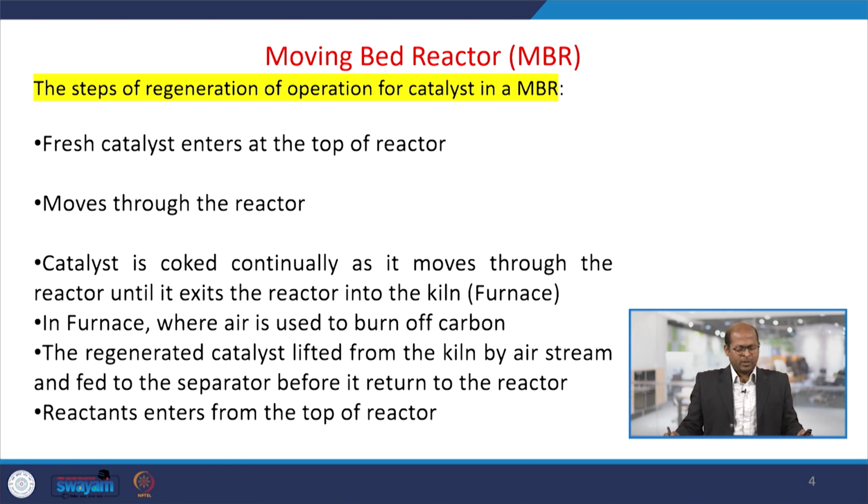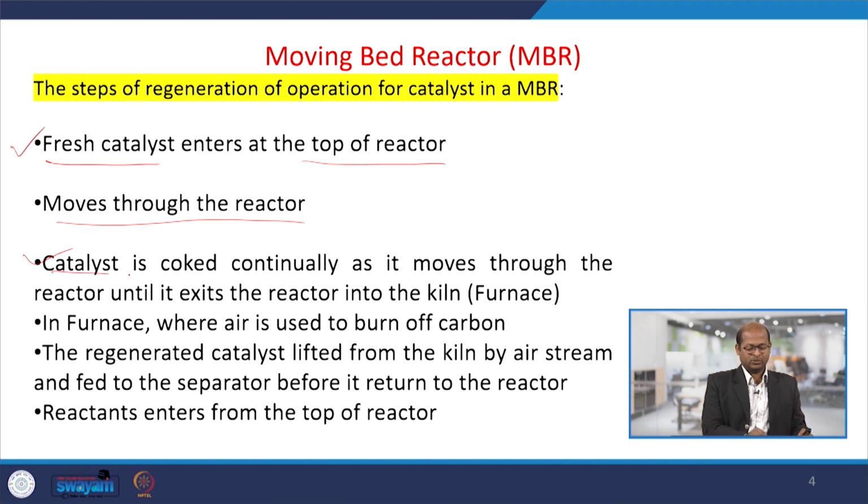Now, how the system or reactor operates, we have shown point by point here. Fresh catalyst enters at the top of the reactor and moves through it. The catalyst is coked continuously as it moves down, meaning reactions take place.